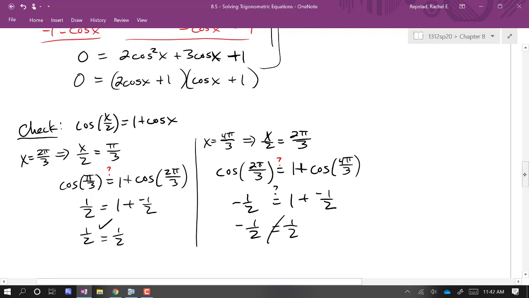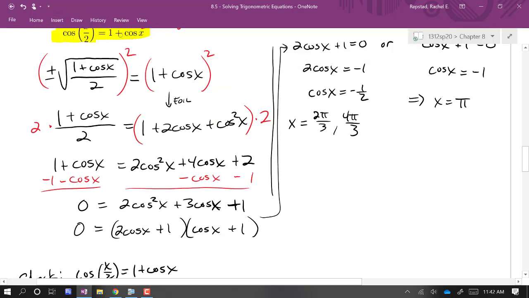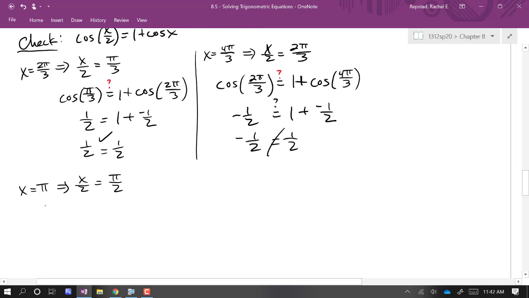So far what we've concluded is that 2 pi over 3 is a solution, but 4 pi over 3 is not. We've got one more to check. We're going to check pi. If x is equal to pi, that means that x over 2 is pi over 2, and our equation looks like cosine of pi over 2, and we want to know, is this equal to 1 plus cosine of pi?